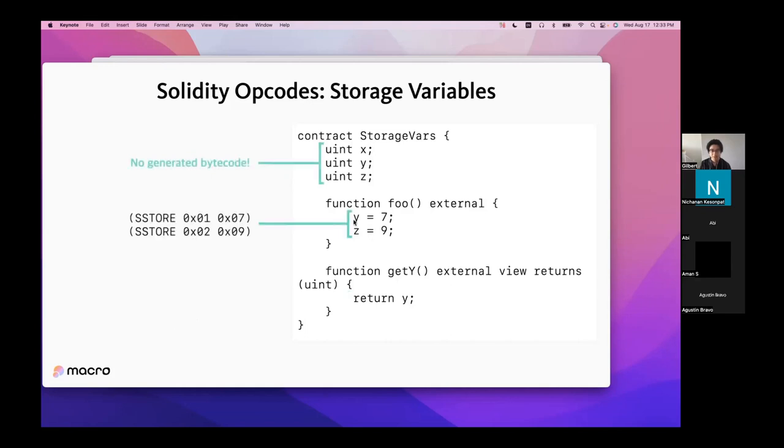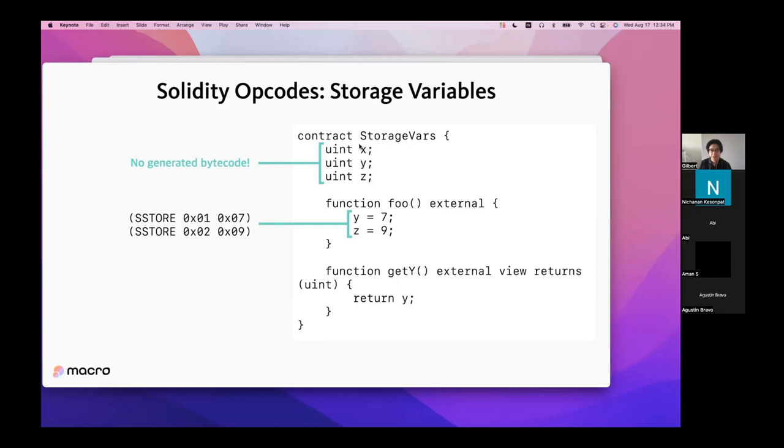Let me go here. Y equals 7 gets compiled down to an SSTORE. The value 7 is here. And here's the key. Remember that storage is a key-value database. So the key is here, and this is the value. The key here is 1 because of the way Solidity works. Each variable that you define, Solidity internally assigns its own storage key, and it does it by index.